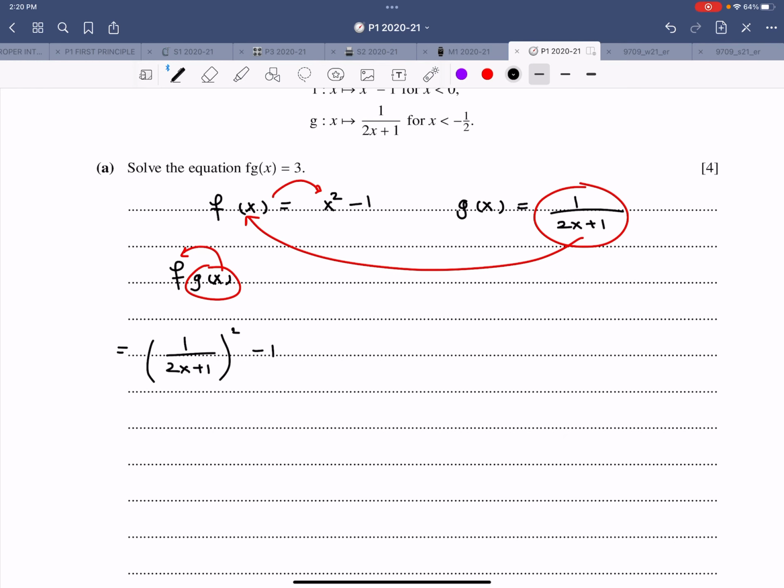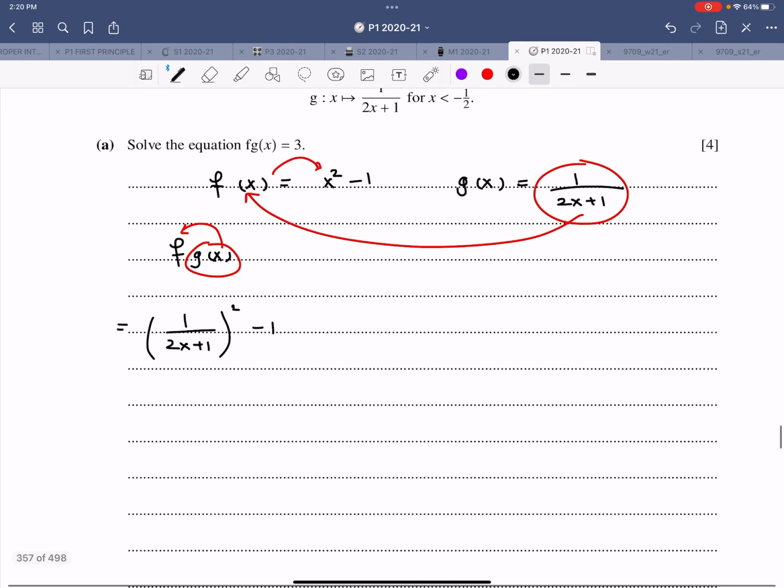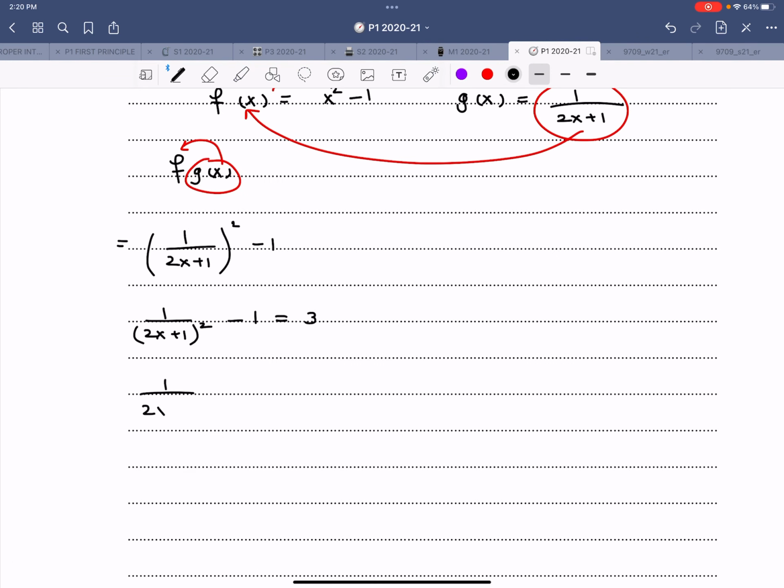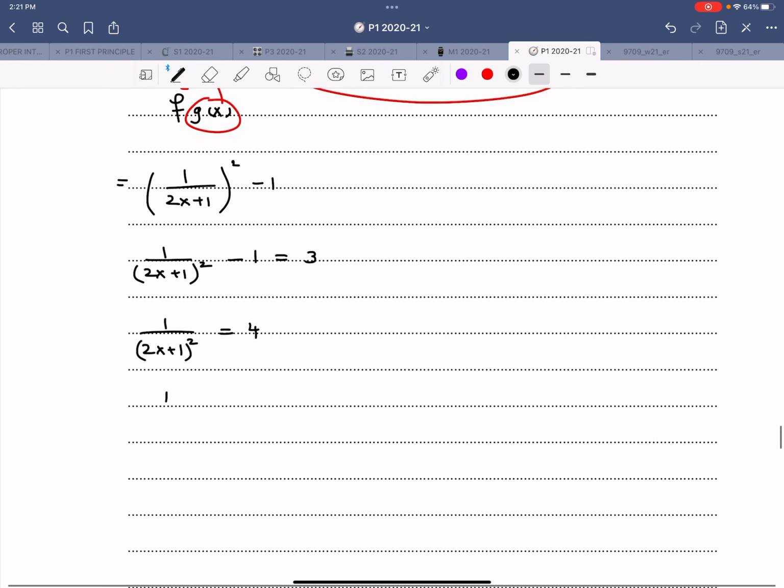So therefore 1 over 2x plus 1, the whole thing squared, minus 1 equals 3. 1 over 2x plus 1, the whole thing squared, equals 4. 1/4 equals 2x plus 1 whole squared.